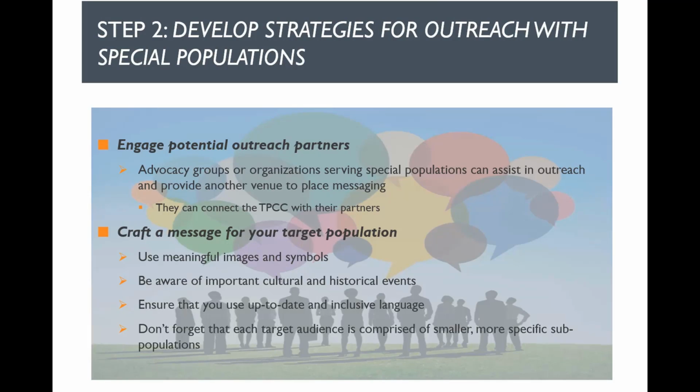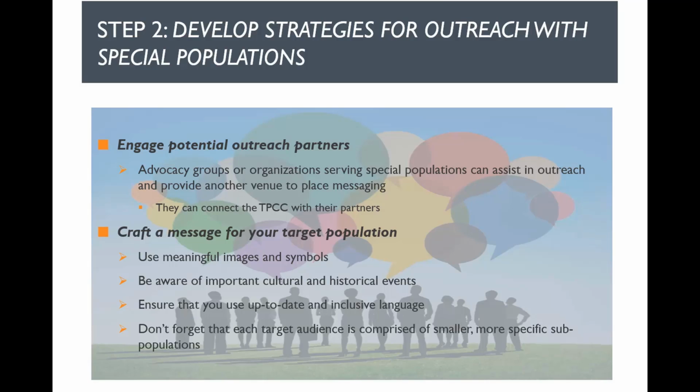That brings us to step 2, which involves developing outreach strategies targeting your special population. Your TPCC outreach planning team will play the primary role in identifying key community stakeholders who can help extend the coalition's local outreach efforts.